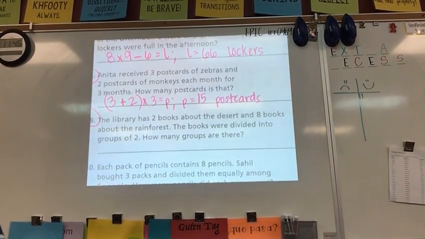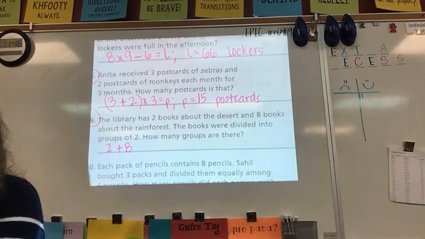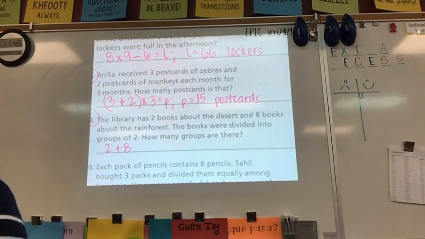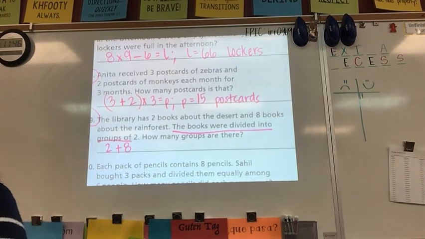And the last problem. The library has 2 books about the desert and 8 books about the rainforest. And usually tells us we need to add. So here's my desert books and my rainforest books. Then what? Who can read this next sentence for me? Hadley, go ahead and read my underlined sentence.